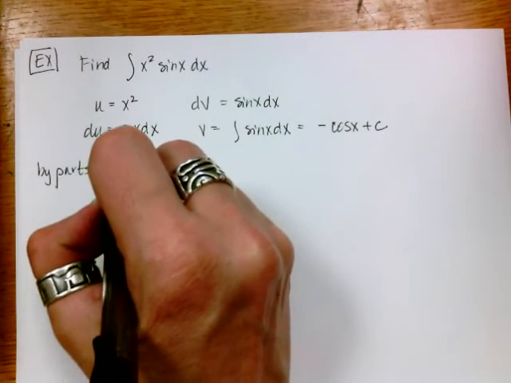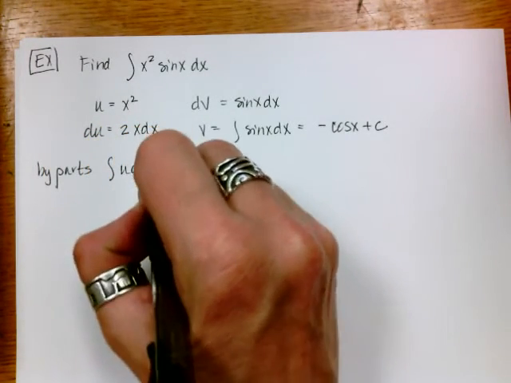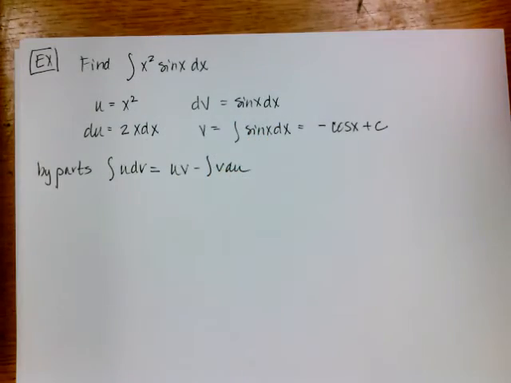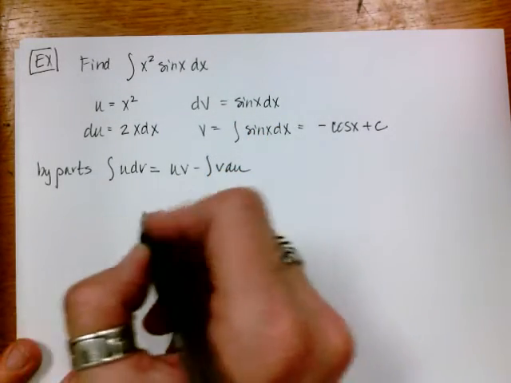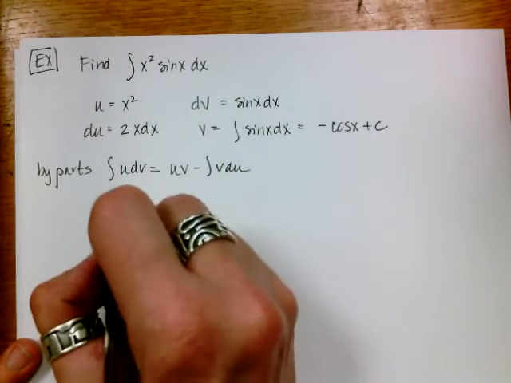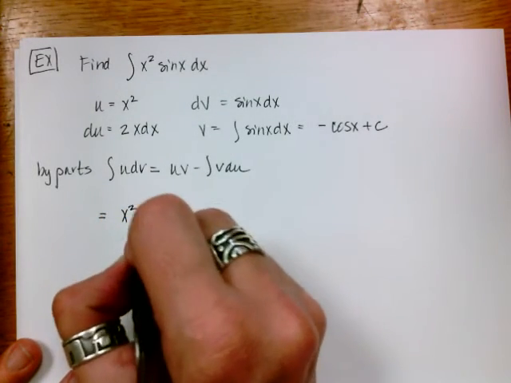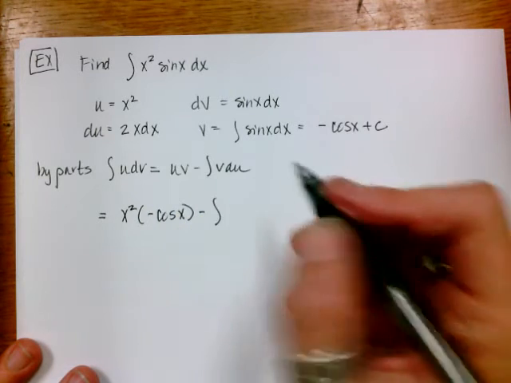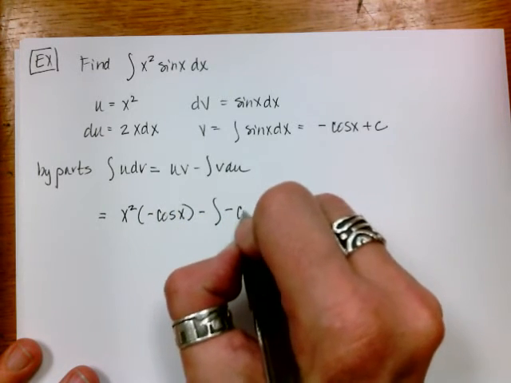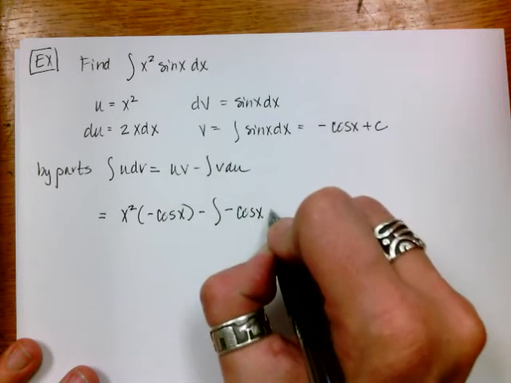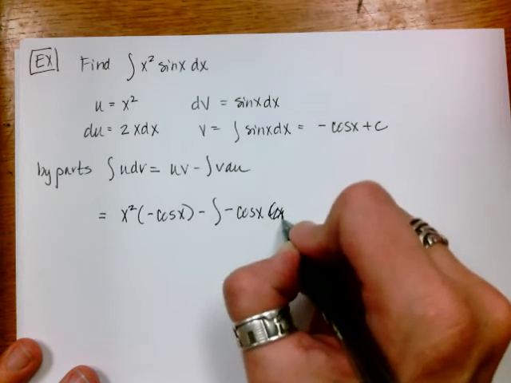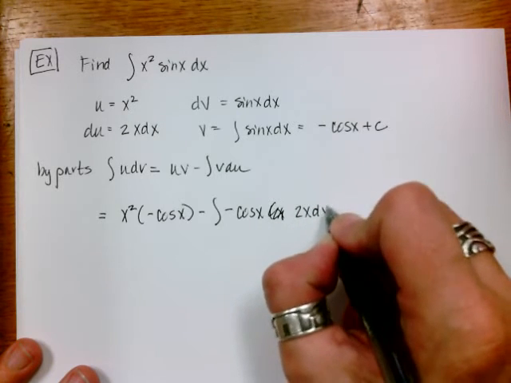which says that the integral of u dv is u times v minus the integral of v du, substitute all my stuff in, I'm going to get u, x squared, times v, negative cosine of x, minus the integral of v, a negative cosine of x, du, 2x dx.